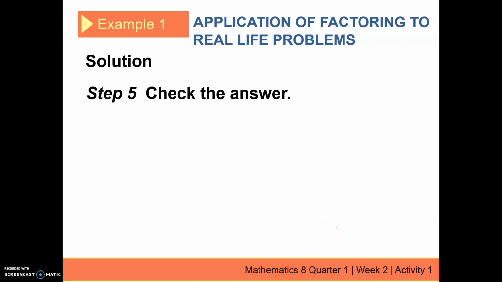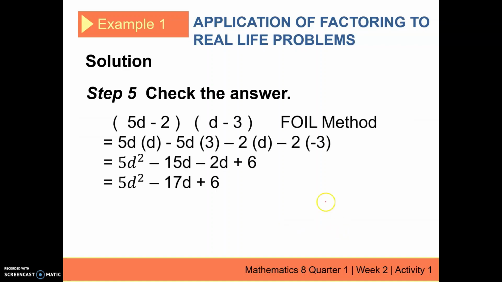We have to check the answer. To check, we will multiply the factored form 5d minus 2 times d minus 3 using the FOIL method, and we should arrive at the correct area, which is 5d squared minus 17d plus 6.